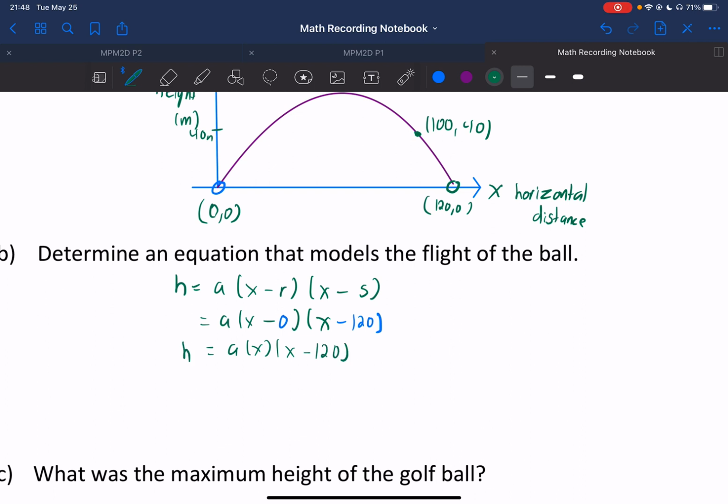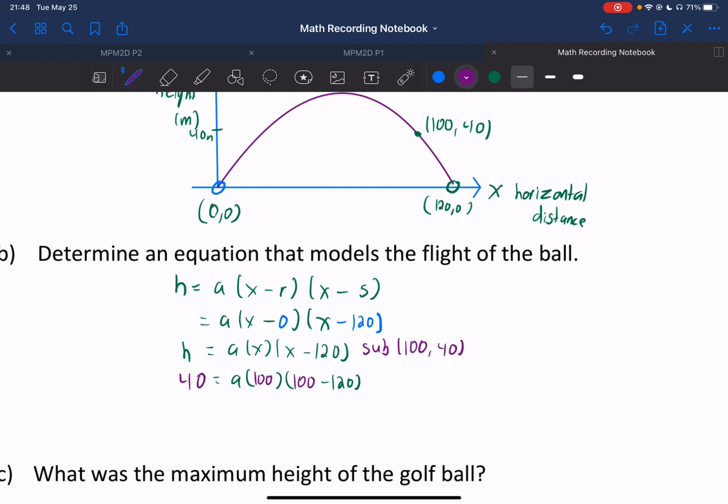So we still have an unknown variable here. We don't know what this a is. How do we find that out? We're going to take the second point that they gave us and sub in that point: 100, 40. So the 40 goes where the h is, and 100 goes where all the x's are. At this point, we're going to simplify and solve for a.